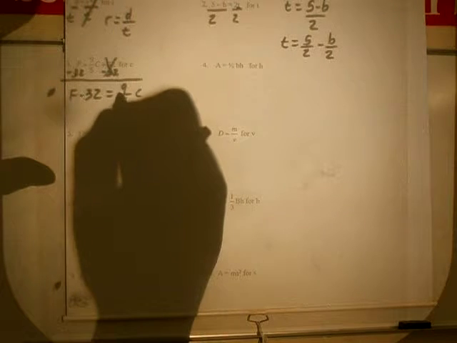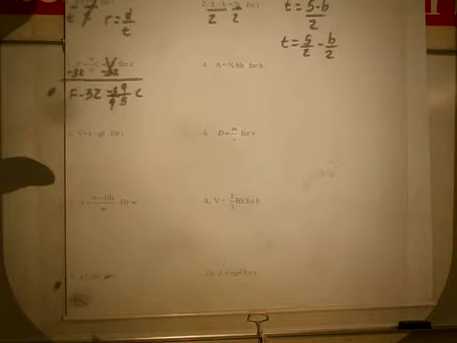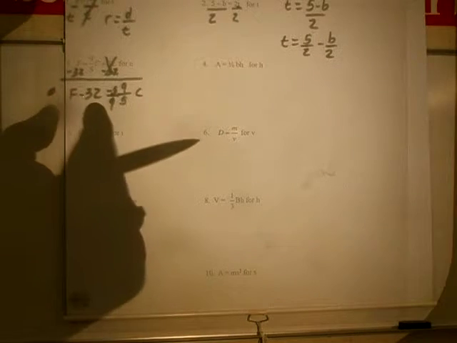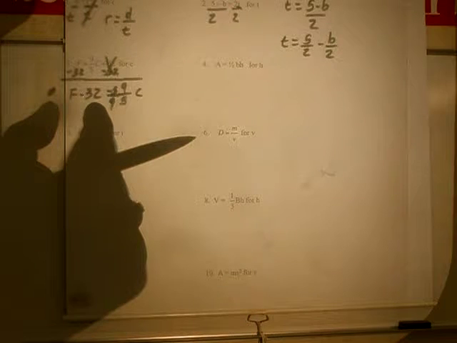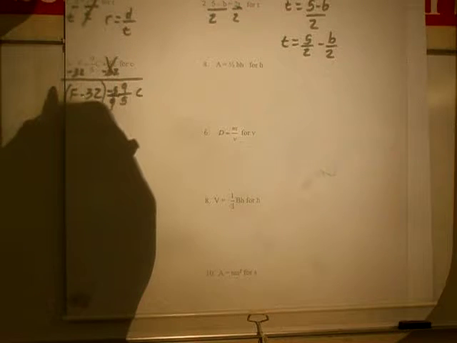Now to get rid of this 9/5, we need to multiply by the reciprocal. So we need to multiply both sides by 5/9. On this left-hand side, we have to multiply that whole thing by 5/9, so you have to put parentheses around here.